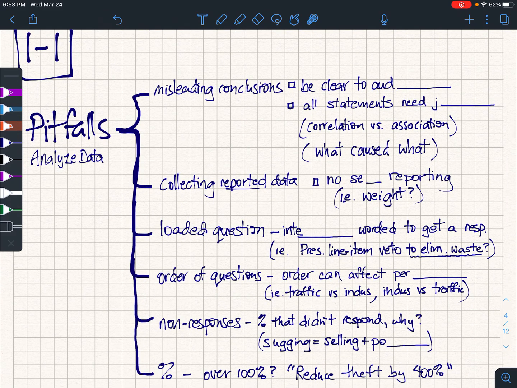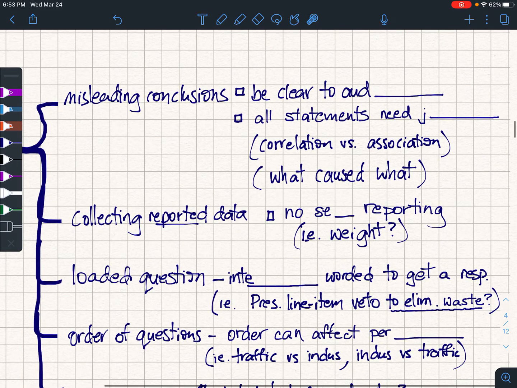Finally, we close up 1.1 by looking at pitfalls in our analysis. What things can go wrong when we analyze that data? Number one, we have a misleading conclusion. We need to be clear to the audience when we make our conclusions. All statements need to be justified.